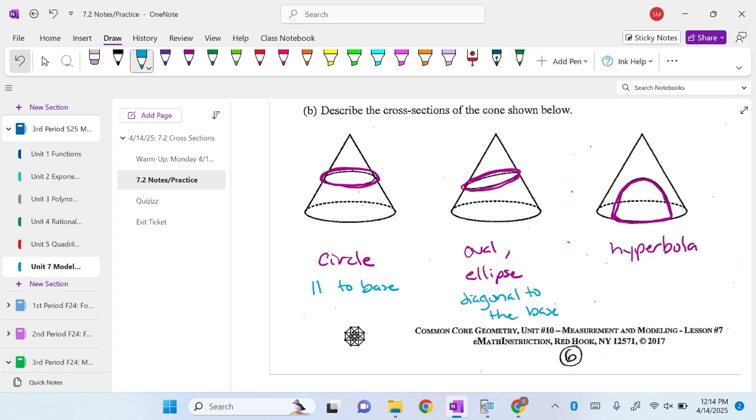This one can be two different things. It can be another diagonal to the base, or it's when you cut vertically but not through the vertex.